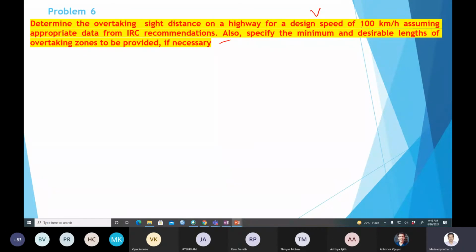Only one data has been given, which is nothing but the design speed of the road, 100 km per hour, and they have not specified anything about one-way traffic or two-way traffic. But we are assuming it is two-way traffic, opposite vehicle also coming. So these are the default assumptions we are making.